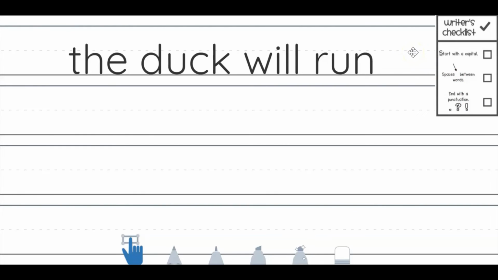It's incomplete. Although we have finger spaces, we need to make sure our letter at the beginning of the sentence is an uppercase and there's a punctuation. This sentence says, the duck will run. We're stating something, so that means we'll use a period.